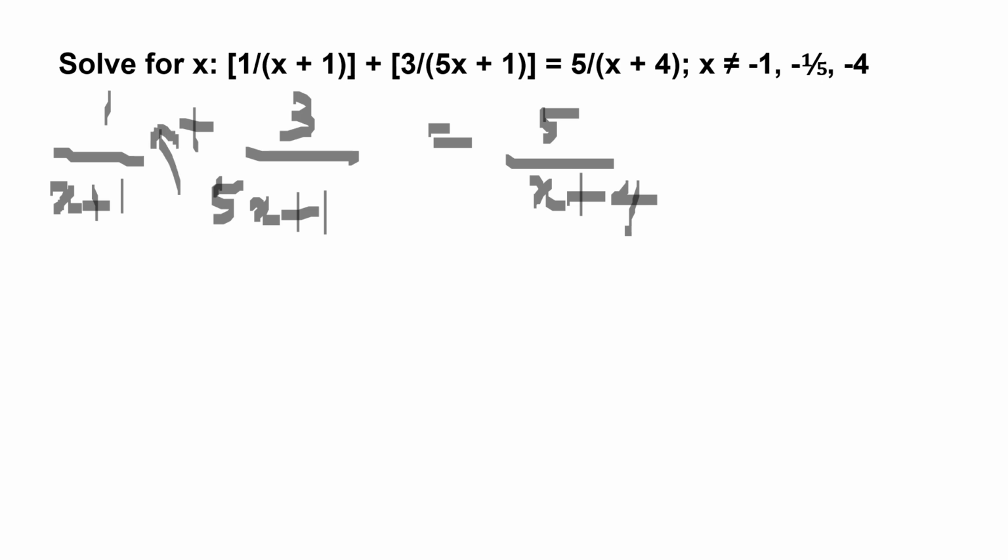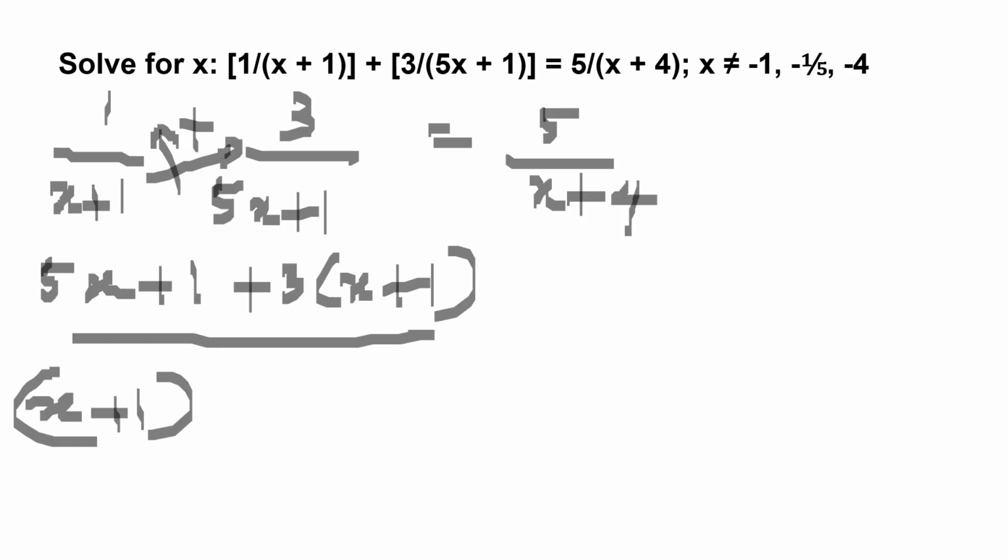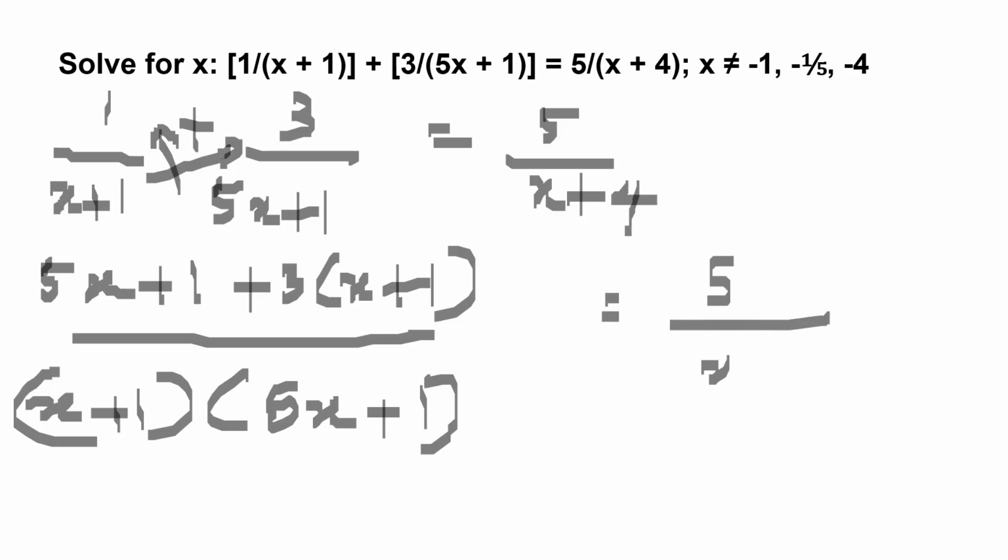We can use cross multiplication rule as well. 1 into 5x plus 1 plus 3 into x plus 1 divided by x plus 1 into 5x plus 1 equal to 5 divided by x plus 4.